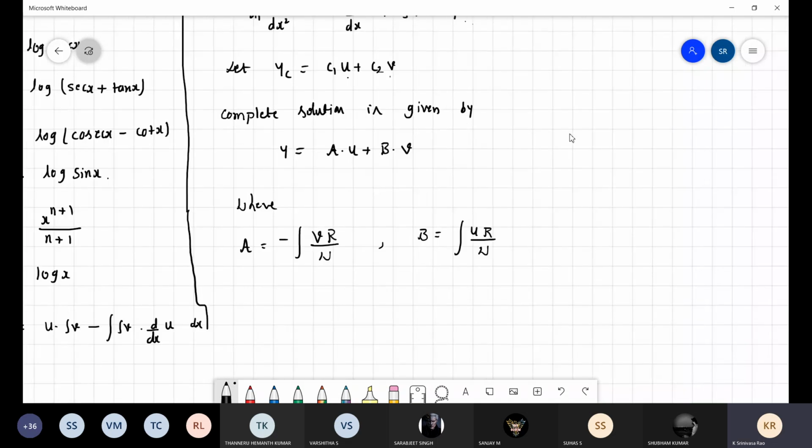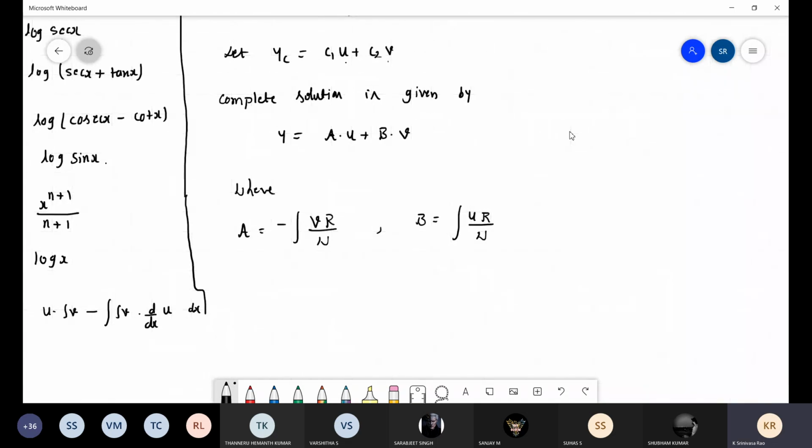In the problem I will explain again. Just take down the formula, where omega equals the determinant of u, v, u dash, v dash.